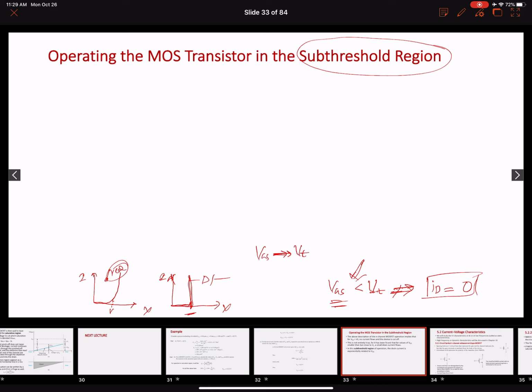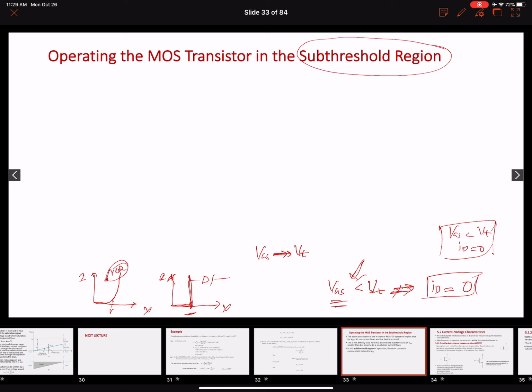This region is known as the subthreshold region. It's just a smaller concept. However, for most exam problems, you can assume that when VGS is less than the threshold voltage, the current is zero.